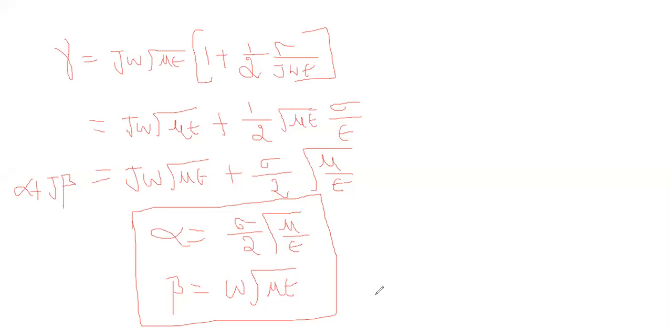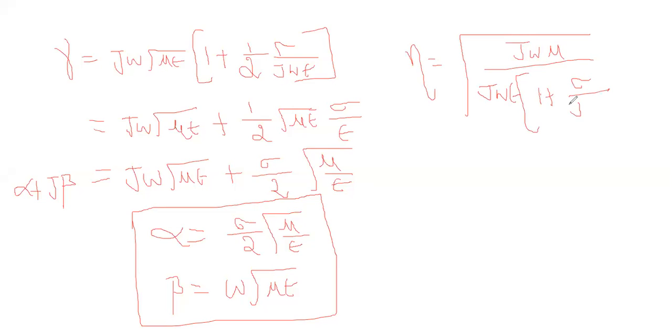Coming to the intrinsic impedance. What is the intrinsic impedance? Eta is equal to under root of j omega mu divided by j omega epsilon multiplied with 1 plus sigma by j omega epsilon. This is the equation we have, and here the j omega gets cancelled.